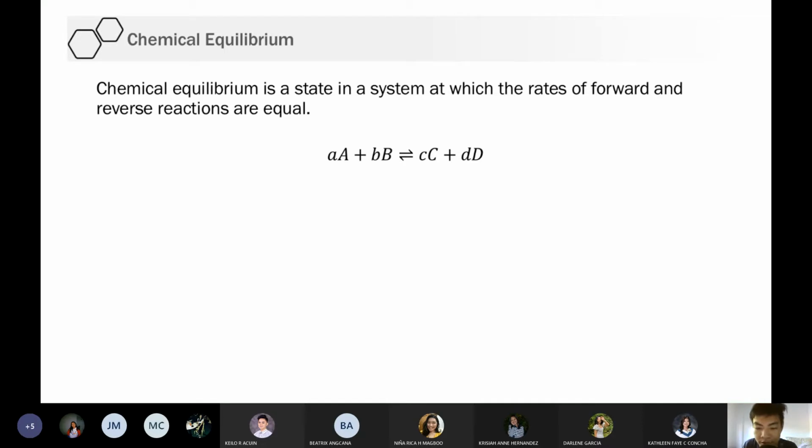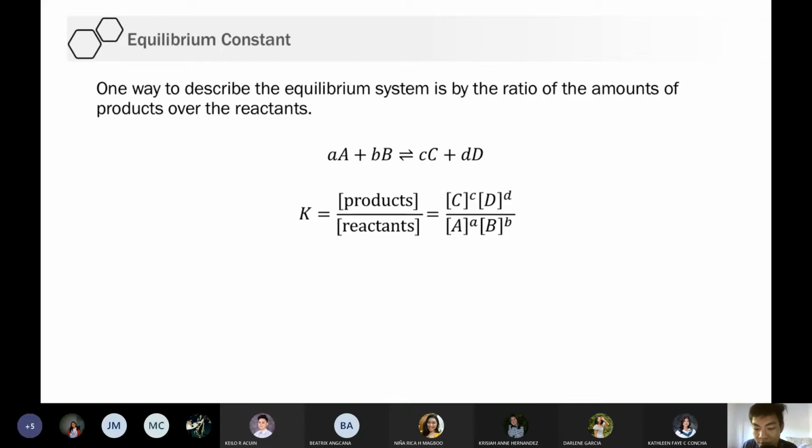In writing the equilibrium constant, okay, an equilibrium constant is a mathematical tool that describes the equilibrium system. It is just the concentration of products over reactants, wherein your coefficients will serve as the exponent for the concentration of your substances.